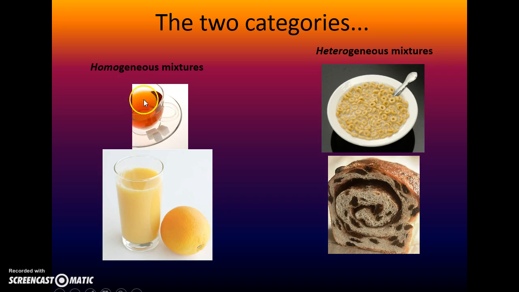This is what we call a homogeneous mixture. In the case where you see many different phases, we will call this heterogeneous mixtures. So in this case, you have a liquid phase and a solid phase that appear, and here you have two solid phases, the dough and the raisins. You can even say that you have gas because of the bubbles.